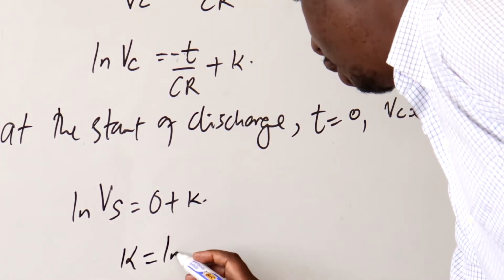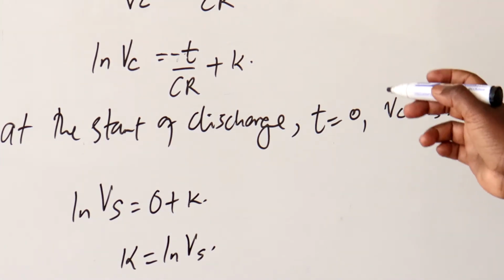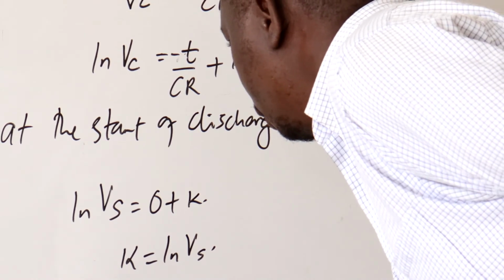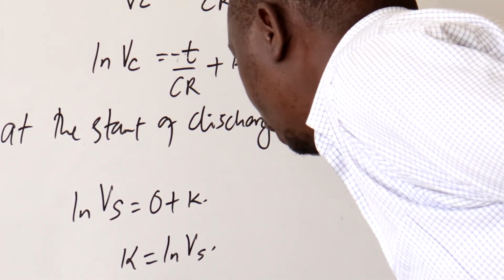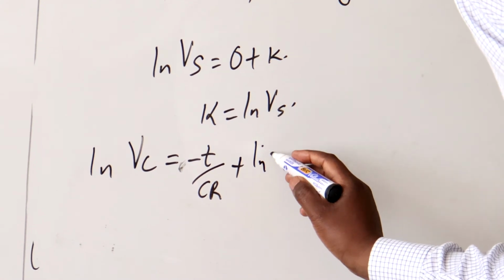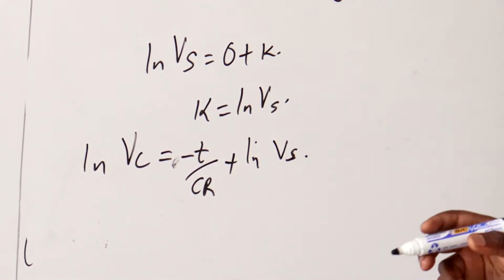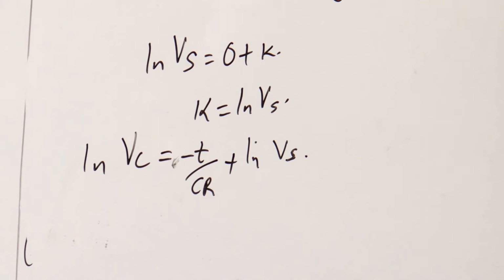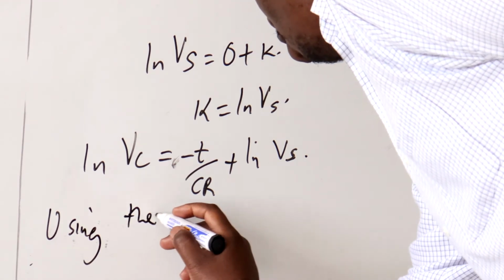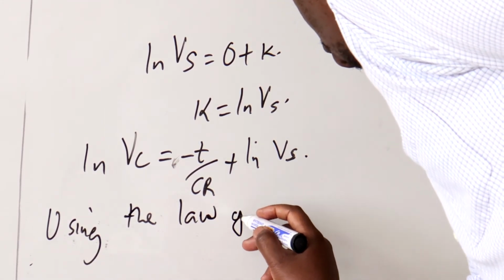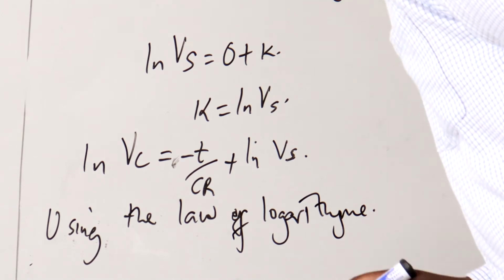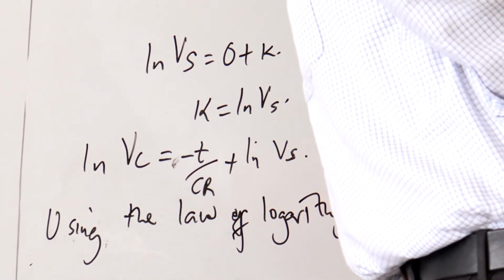So my K is supposed to be ln of Vs. Replacing K in the equation, ln of VC is equal to minus t over CR plus ln of Vs. We collect like terms together using the law of logarithms.